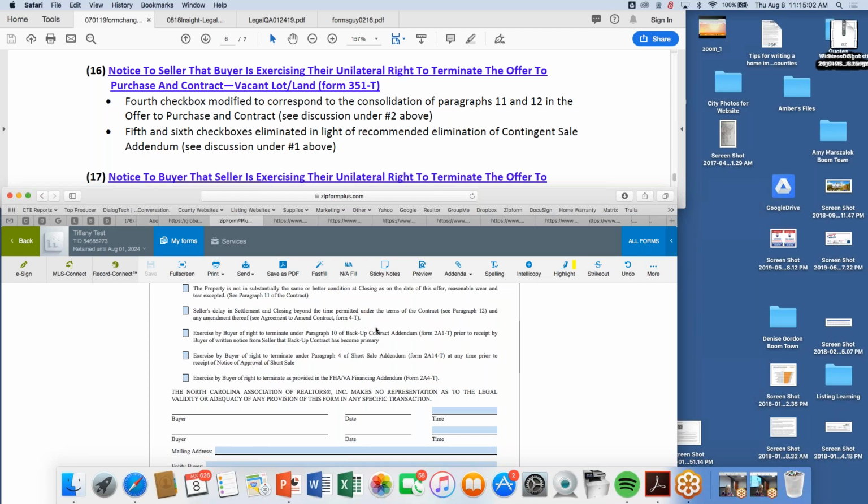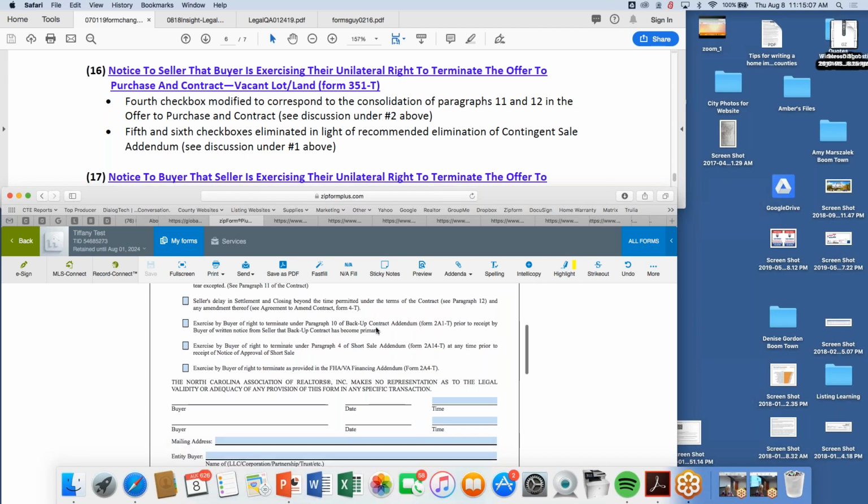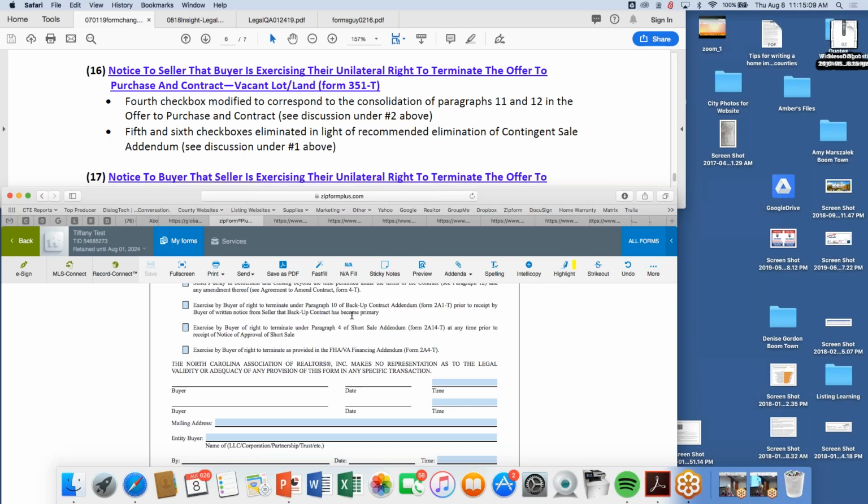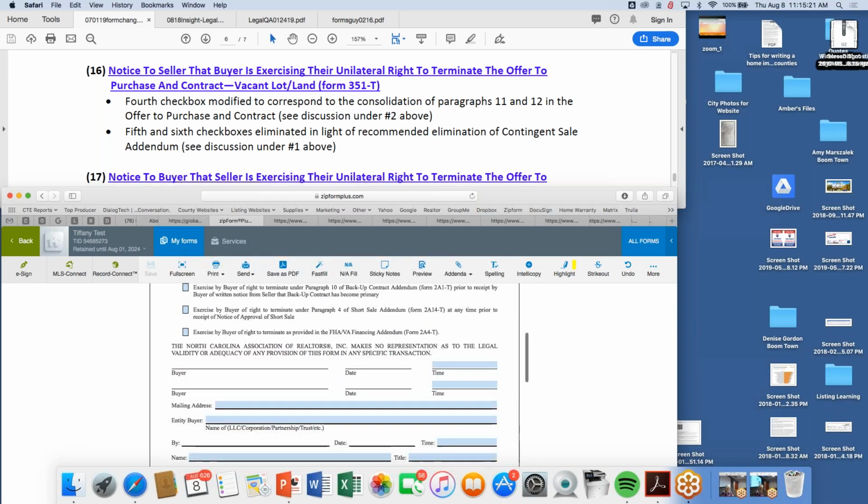Seller's delay in settlement and closing beyond the time permitted under the contract. Exercise by buyer of right to terminate under paragraph 10 of the backup contract addendum prior to receipt by the buyer of written notice from seller that backup contract has become primary. And then exercise of right to terminate under paragraph 4 relative to the short sale addendum.